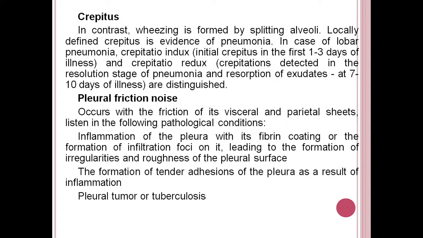Heard in the following pathological conditions: inflammation of the pleura with fibrin coating, the formation of infiltration, leading to the formation of irregularities and roughness of the pleural surface; the formation of tender adhesions of the pleura as a result of inflammation, and pleural tumor or tuberculosis.